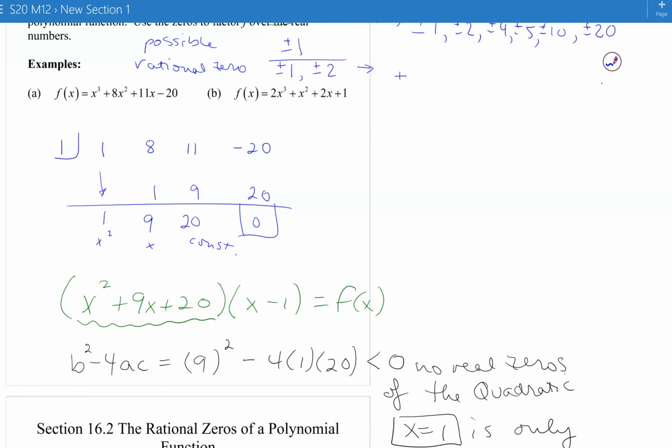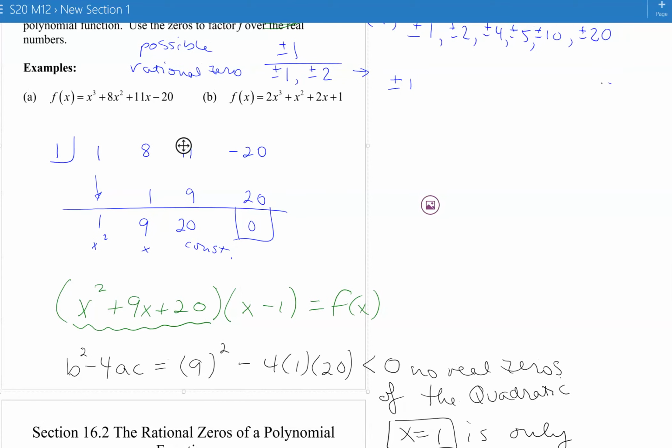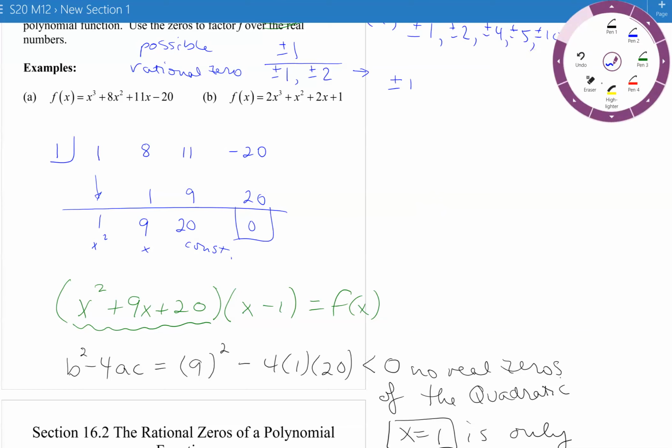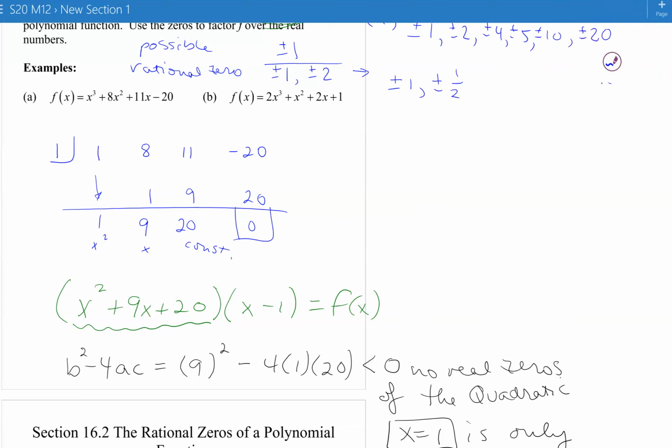So our list is plus or minus 1 and plus or minus 1/2. Those are the possible rational zeros. If there is a rational zero, it's one of those four.